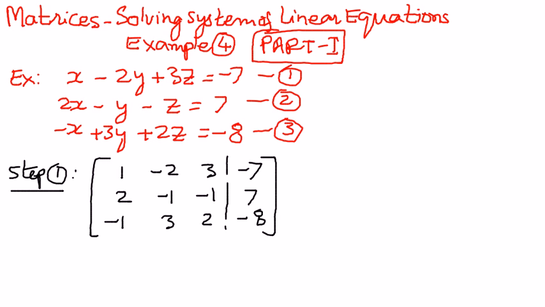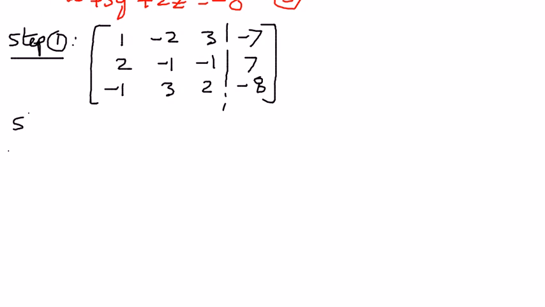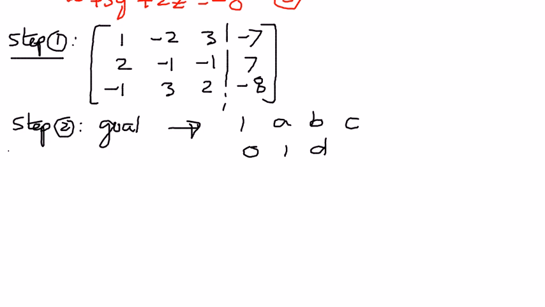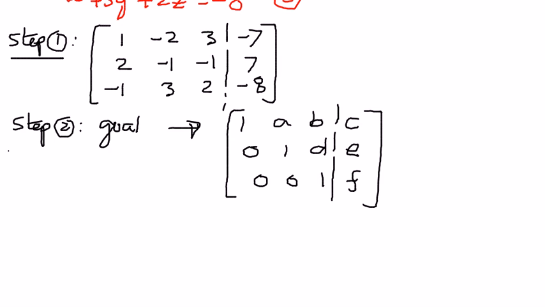This is the augmented matrix, and our goal, which I'll write as step 2, is to achieve this matrix in row echelon form: 1, A, B, C; 0, 1, D, E; 0, 0, 1, F. What we want is ones along the diagonal and zeros below the diagonal, and if we can achieve that, we have arrived at the solution in augmented matrix format.